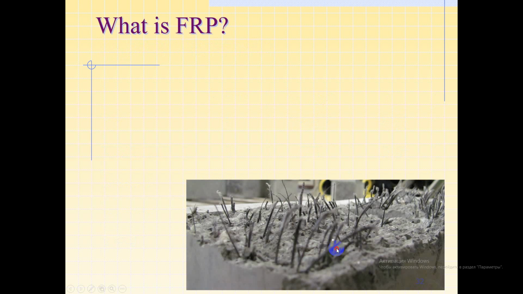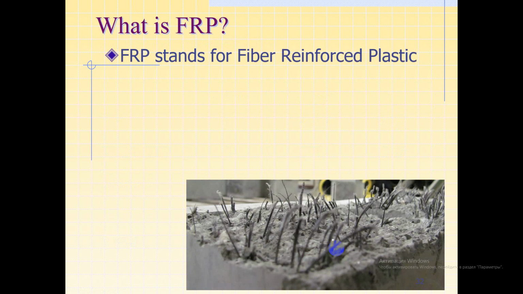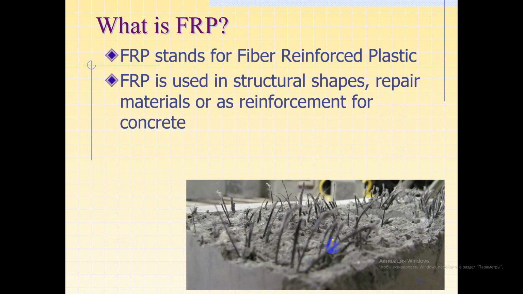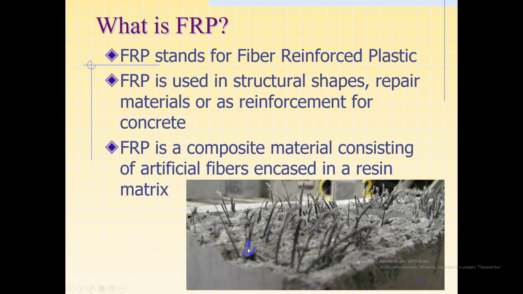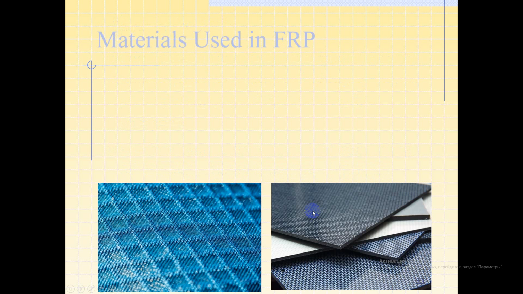So what is the FRP? FRP stands for fiber reinforced plastic or fiber reinforced polymer, also you can say. FRP is used in structural shapes, repair materials, or as reinforcement for concrete. FRP is a composite material consisting of artificial fibers and cast in a resin matrix. Materials used in FRP.